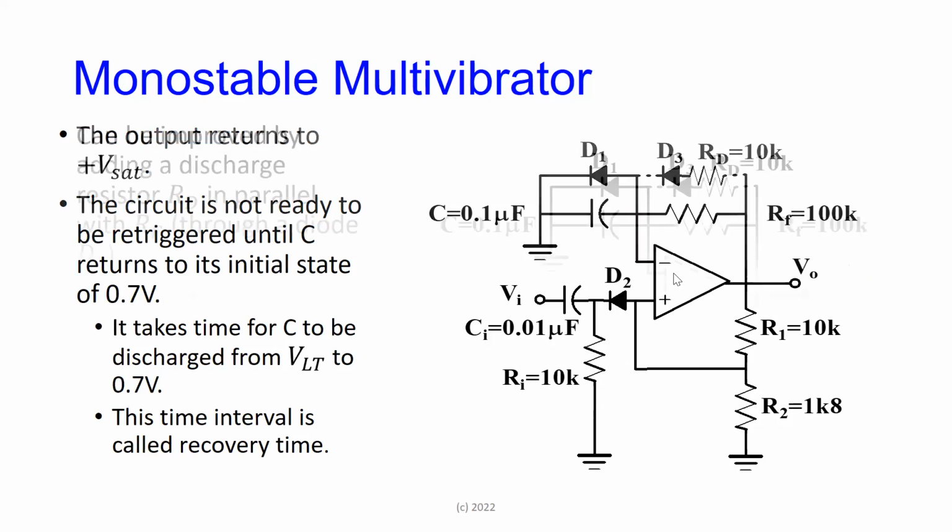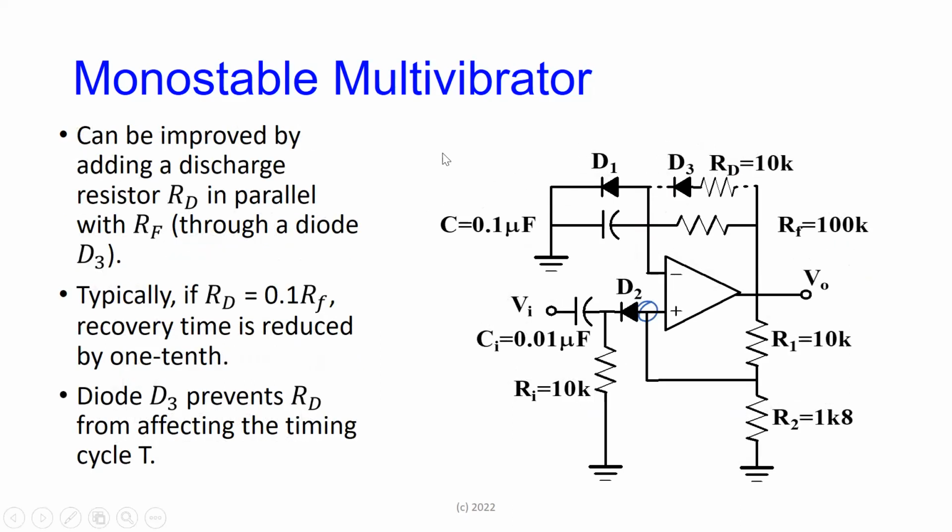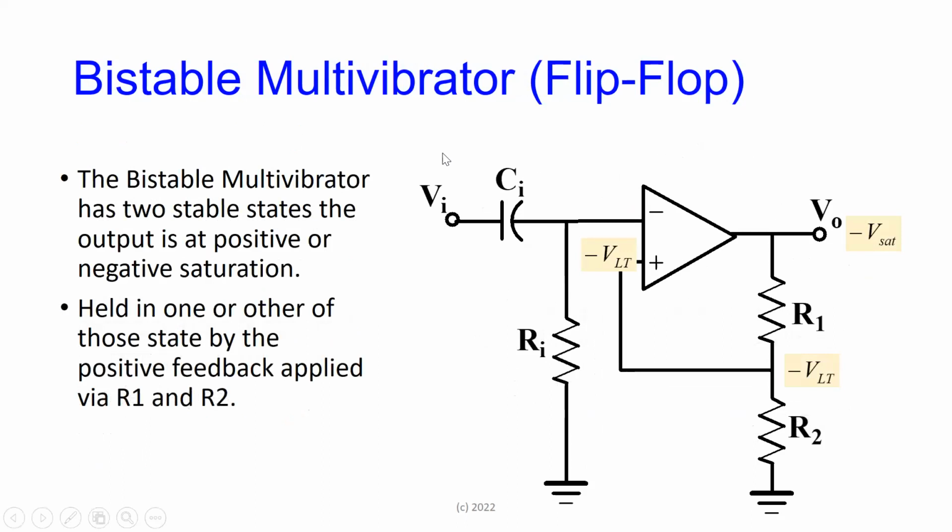And then the last multivibrator circuit is the bistable. This is the one that will stay in some state until you tell it to do otherwise. So for instance, if the state happens to be minus VSAT, then the output here is at minus V lower threshold, which is minus VSAT times R2 over R1 plus R2, okay?